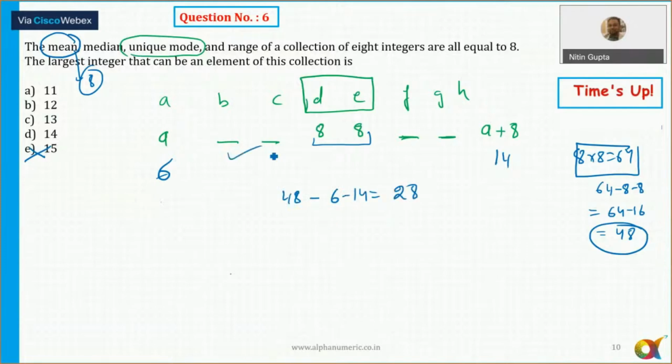And these 4 numbers, that is B plus C plus F plus G, minimum has to be 4 times 6. If A is 6, then all the remaining 4 numbers have to be greater than or equal to 6. So the minimum is 4 into 6, 24.